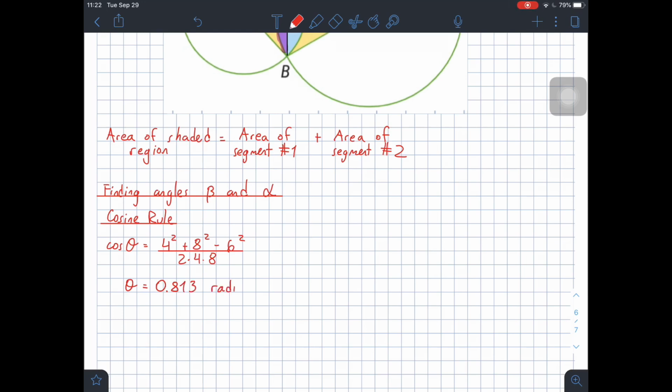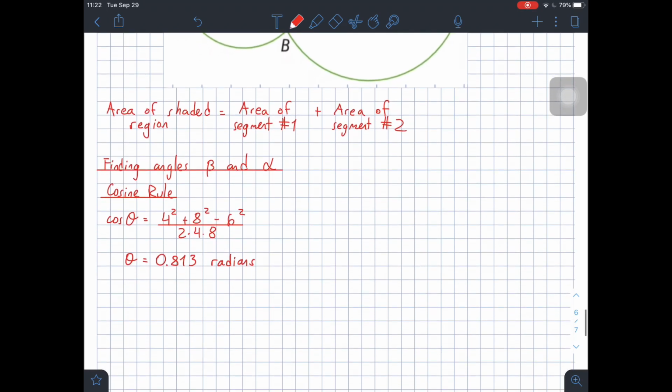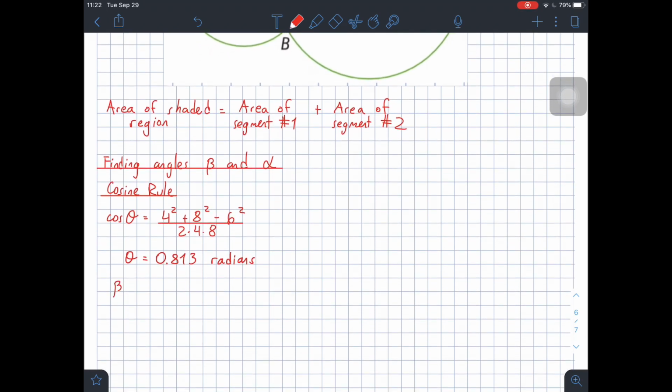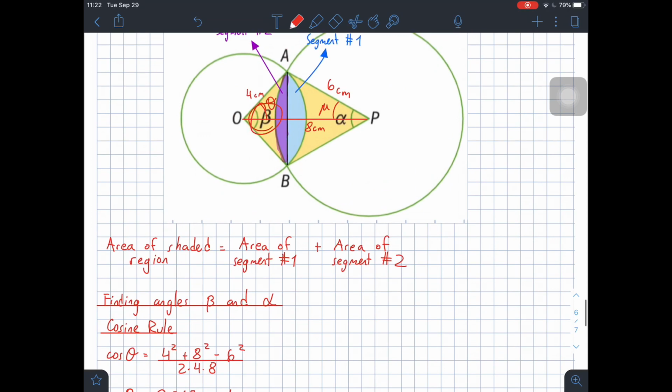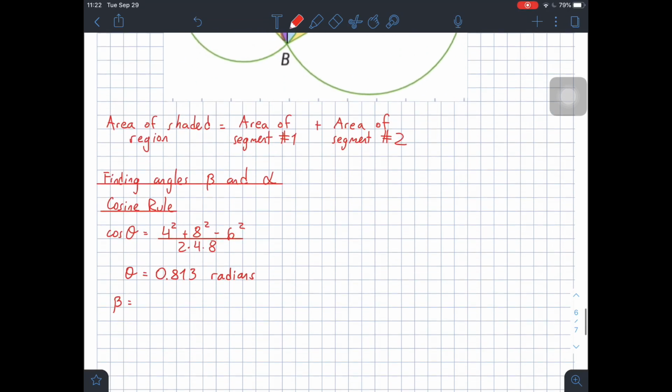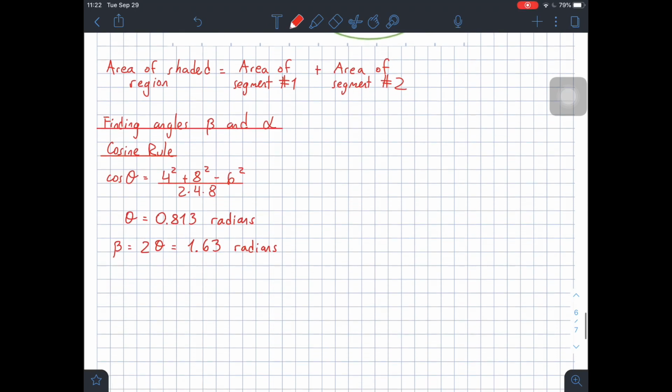So this is the angle you get in radians, 0.813. That means that beta, which is the complete angle we're looking for, is 2 times theta. So if we multiply this by 2, we're going to get the angle, which is 1.63 radians, rounded to 3 significant figures. Okay, so we already have angle beta.